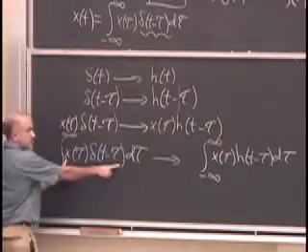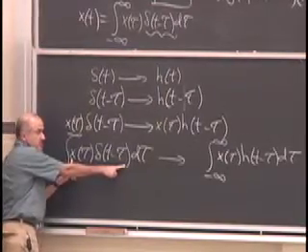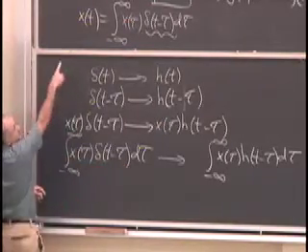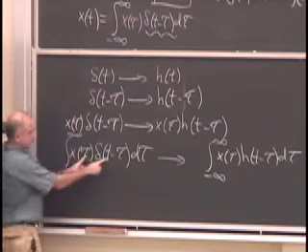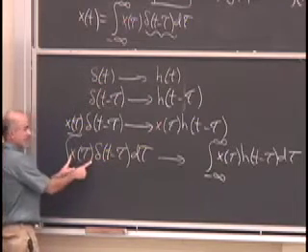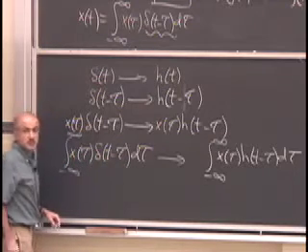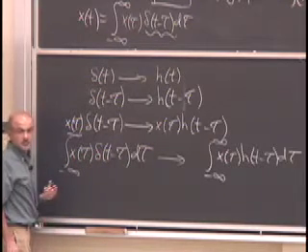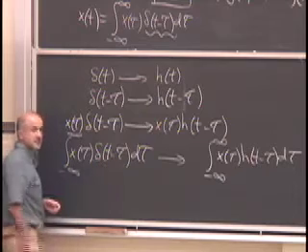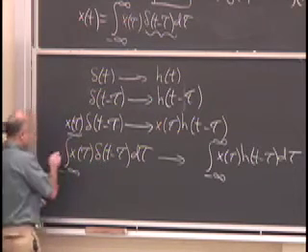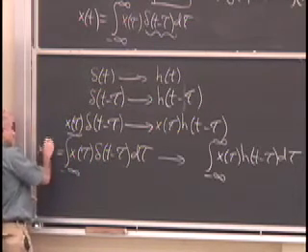And by the shifting property of the impulse, you know that this integral is equal to what? This impulse picks the value of this signal at the location where the impulse is non-zero. For what value of tau is this impulse active? T. So this must be equal to x of t.